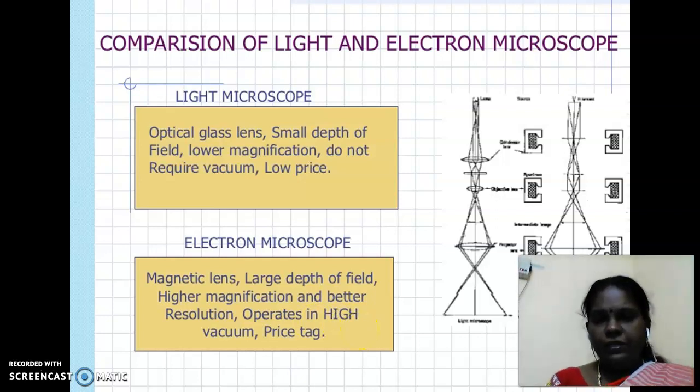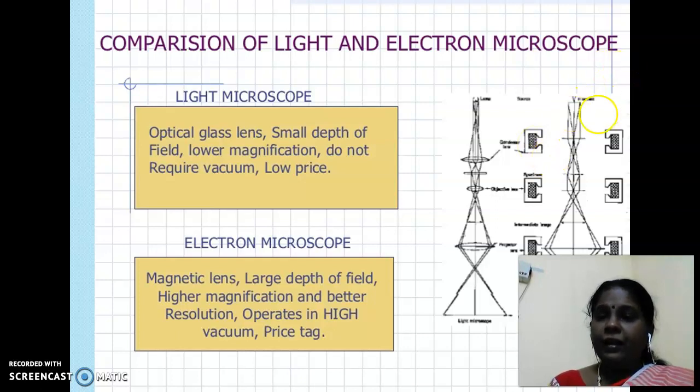Let's now compare the electron microscope with the optical microscope. In the optical microscope, as I said, it uses glass lens. Therefore, its magnification and depth of field is low. Whereas in the electron microscope, it uses a high energetic beam of electrons as source, and to collimate or condense this beam of electrons, we are using strong electromagnets, which can be called magnetic lenses.